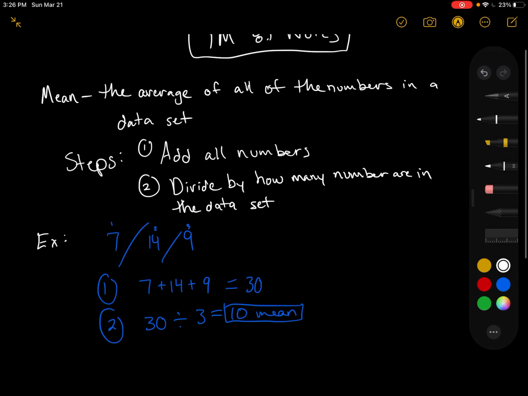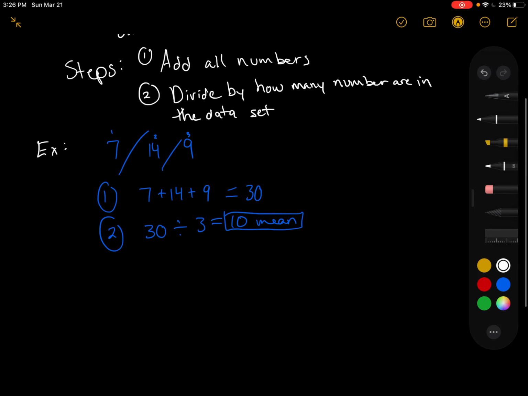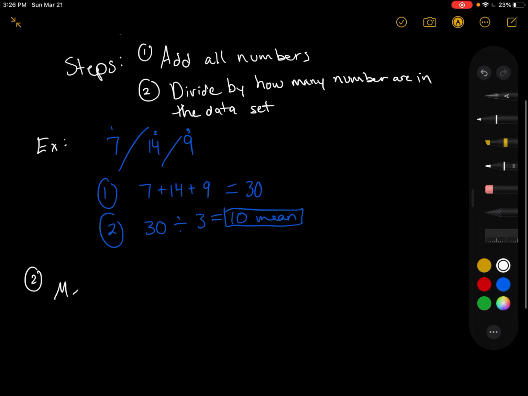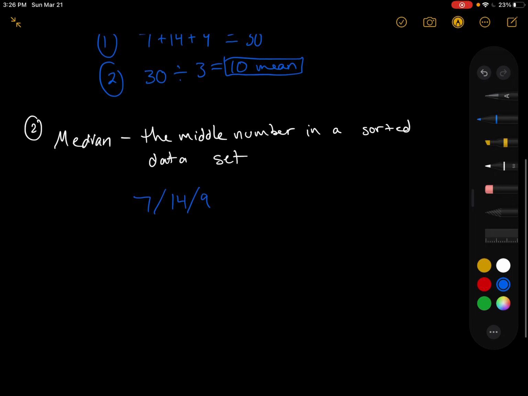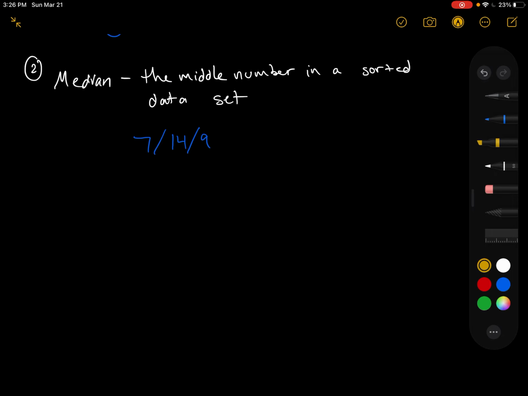Okay, so second, we're going to move on to the median. The median is the middle number in a sorted data set. So let's take a look at that example that we just did.